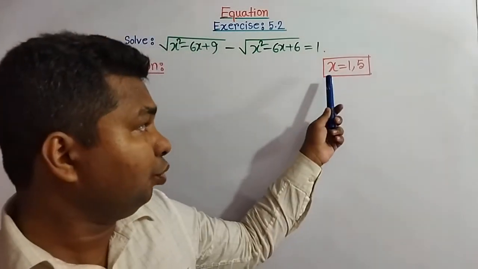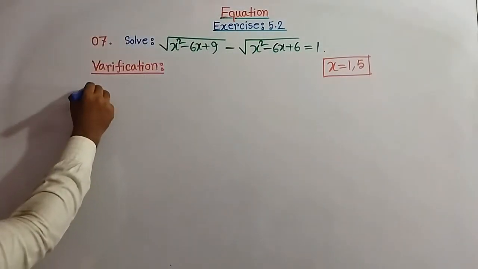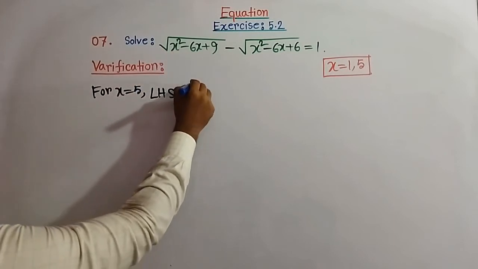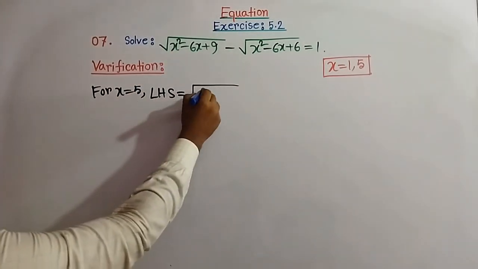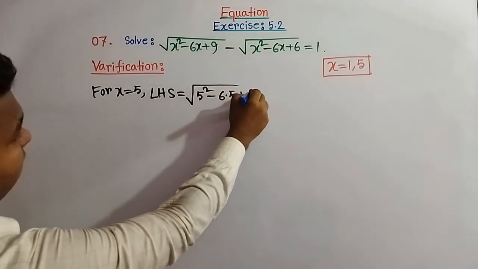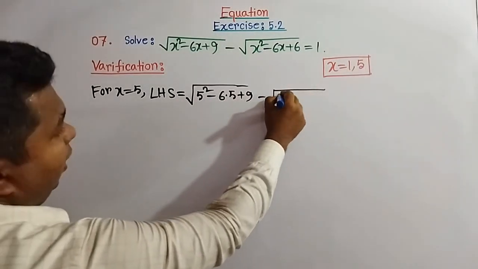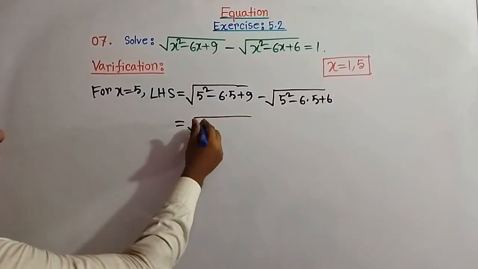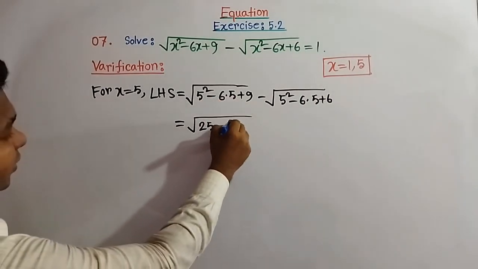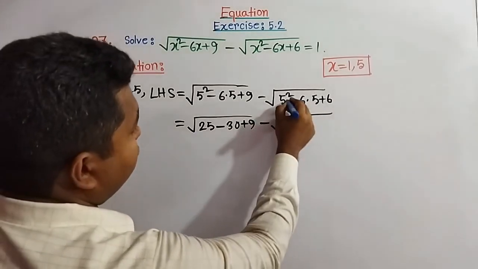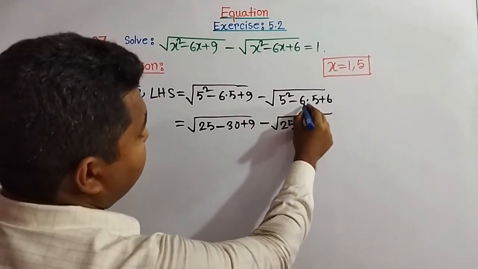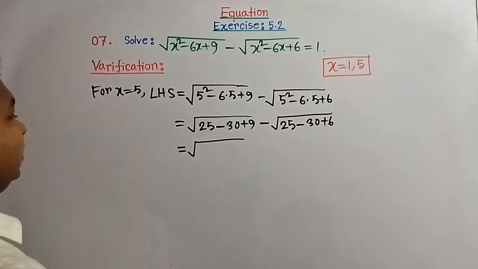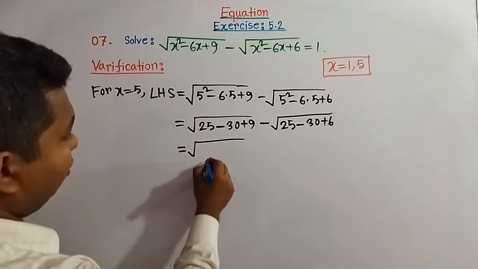Now we test the other root, x equal to 5. So verification for x equal to 5, the left hand side of the given equation is the square root of 5² − 6 × 5 + 9, minus the square root of 5² − 6 × 5 + 6, equal to the square root of 25 − 30 + 9, minus the square root of 25 − 30 + 6, equal to the square root of 25 − 30 equal to −5, −5 + 9 equal to 4.